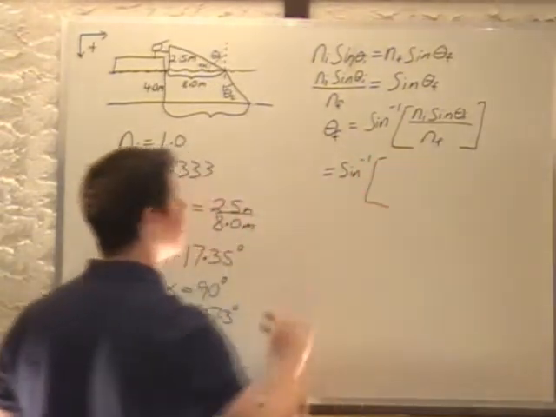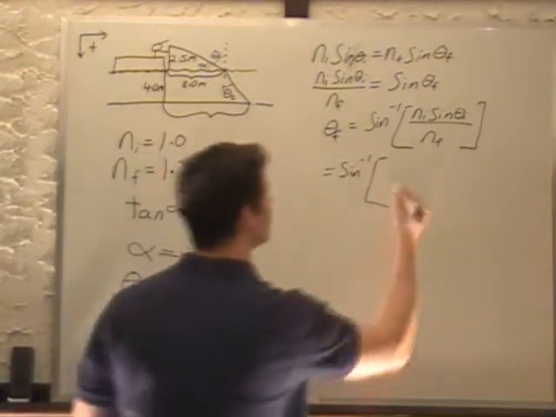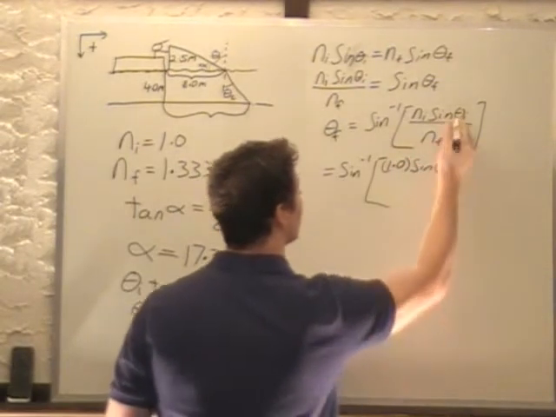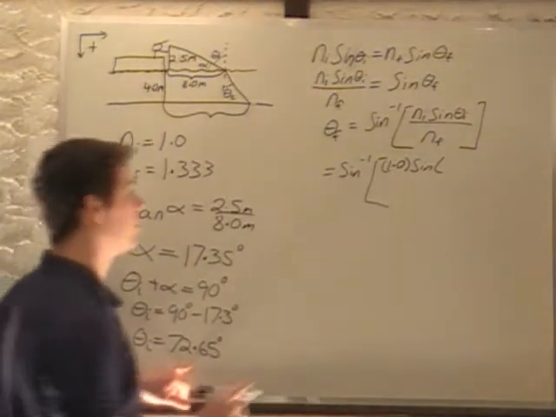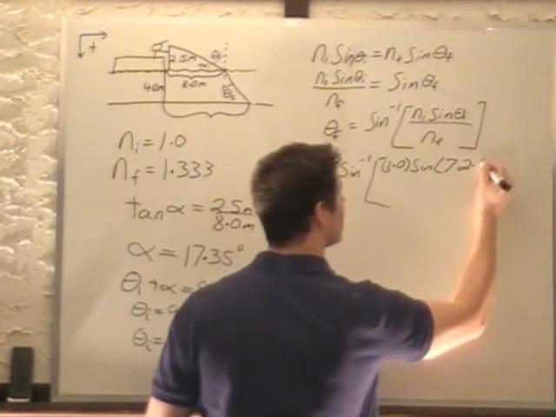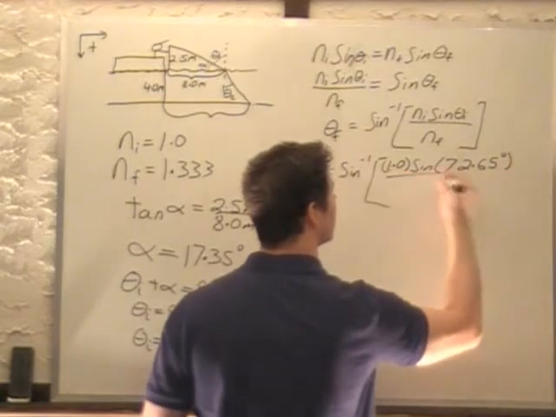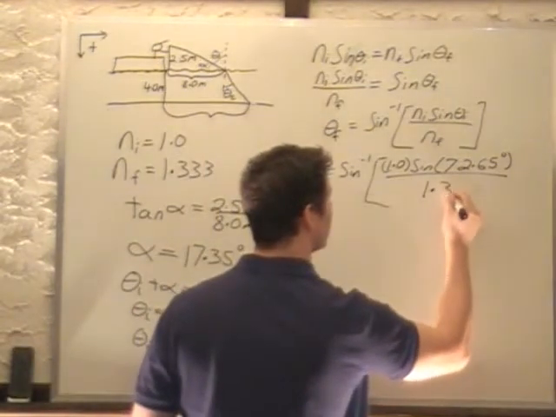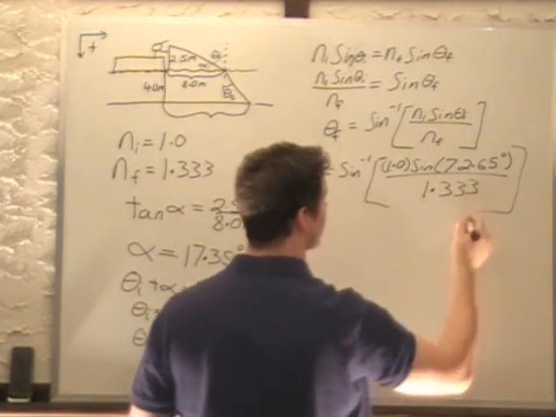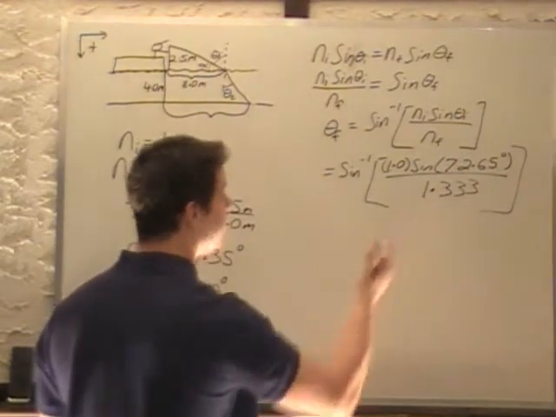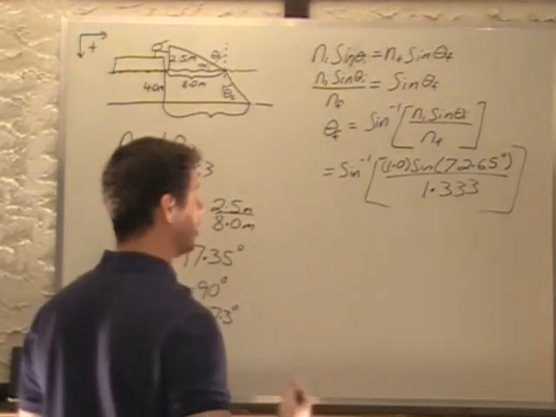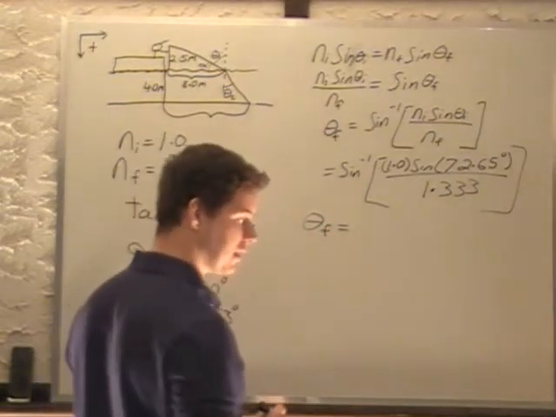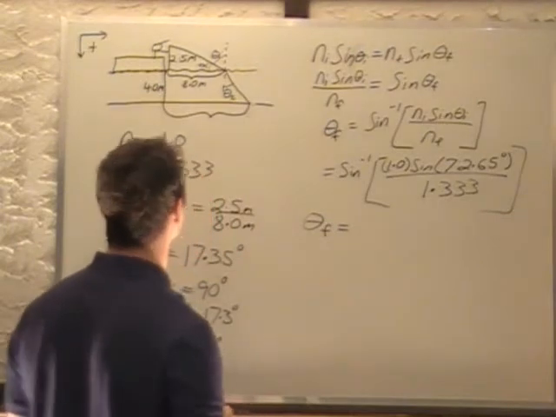So let's plug in our numbers now. Our initial index of refraction is 1.0, times sine of our initial theta of 72.65 degrees, divided by our final index of refraction of 1.333. Okay, so we take the sine of 72.65, divide by 1.333, take the arc sine or inverse sine of that, and that gives us final theta.